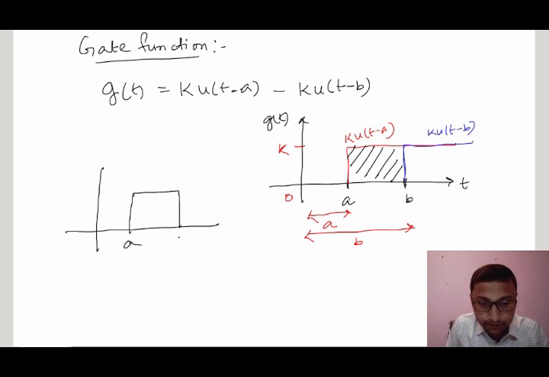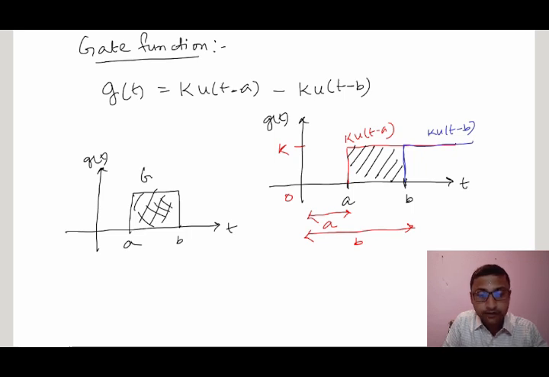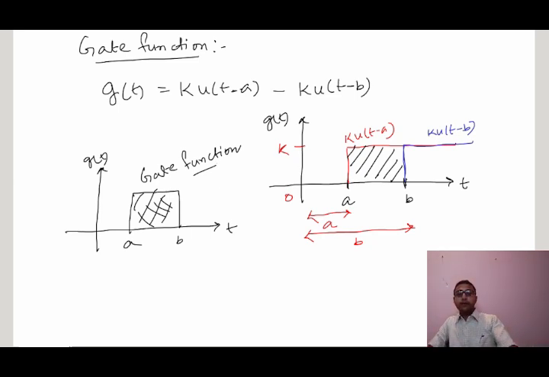This is A point, this is B point. So this is the time axis, this is your signal GT. So this portion is called gate function. That is basically the difference between step signals with constant magnitude by a phase shift A and B. Okay, so this is the simpler concept of gate function.